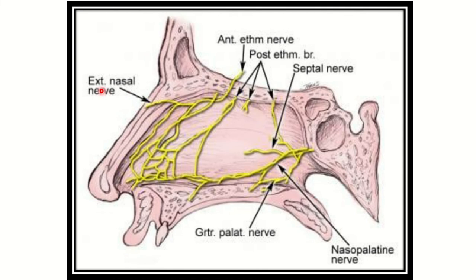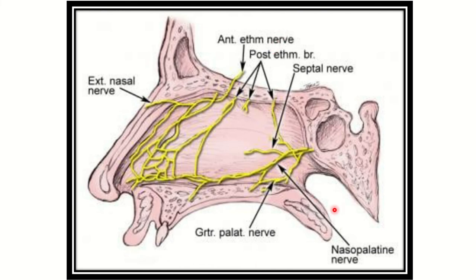And here we can see the external nasal branch of the ethmoidal nerve. This nerve passes through the wall and finally reaches the skin here. So the skin of the nose is supplied by the external nasal nerve, which is a branch from the anterior ethmoidal nerve.